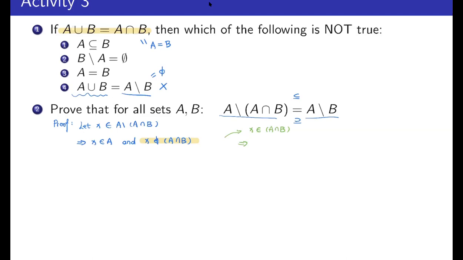Okay, I'll explain it. We let x be in the set A minus A intersect B. Means x is definitely in A. Do you agree with that part? Yes, okay.